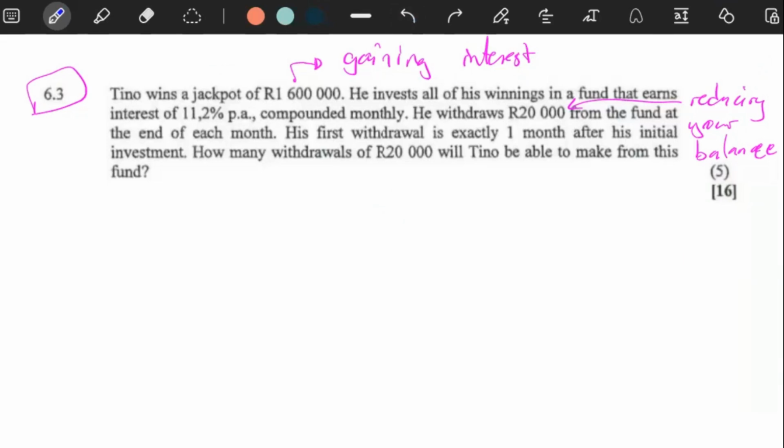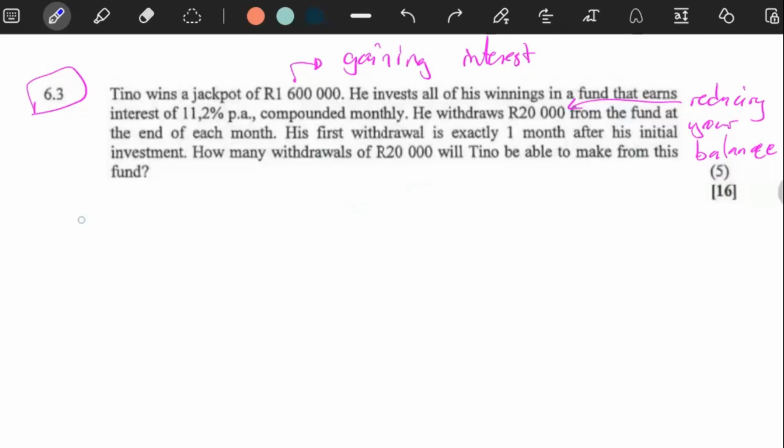As a matter of fact, you should use the P formula in a situation like this, because all the P formula says is that a lump sum is gaining interest, but then at the same time, every month you are reducing the balance of that value. You're reducing the accumulated value of that amount, which is what we're doing here. So for us to work out what they want us to work out here, which is how many withdrawals you're going to make until there's no more money in his fund.